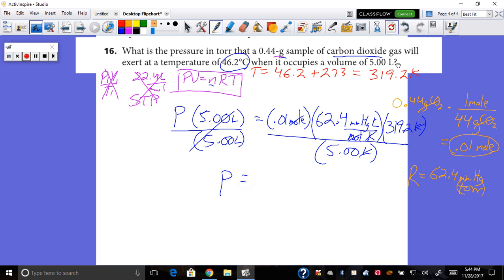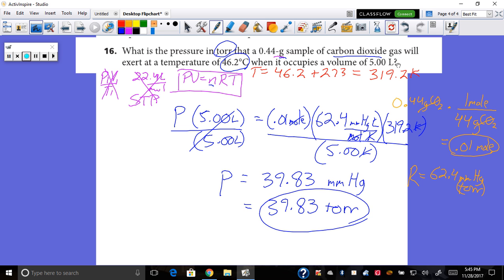So we have 0.01 times 62.4 times 319.2, divided by 5, which gets us an answer of 39.83 millimeters of mercury. Well, geez, I thought we're supposed to have our answer in torr. Well, guess what? It's the same thing. 39.83 torr. They're the same thing as millimeters of mercury.